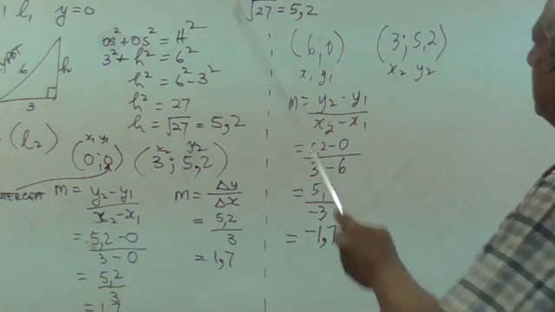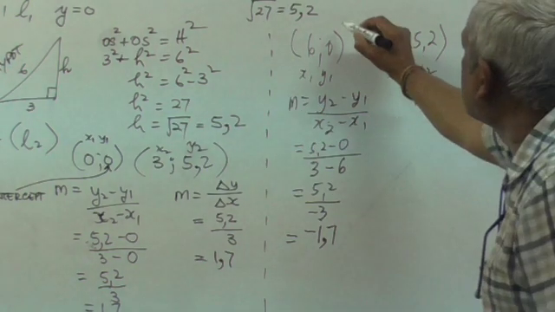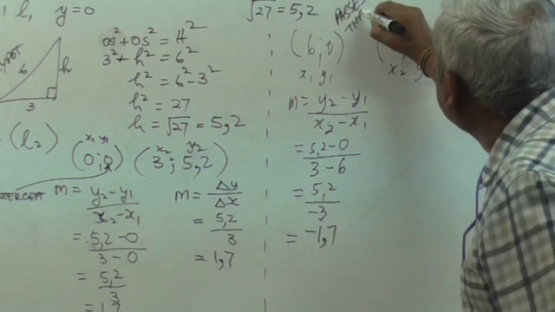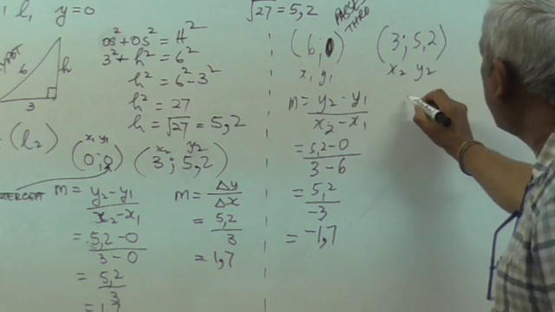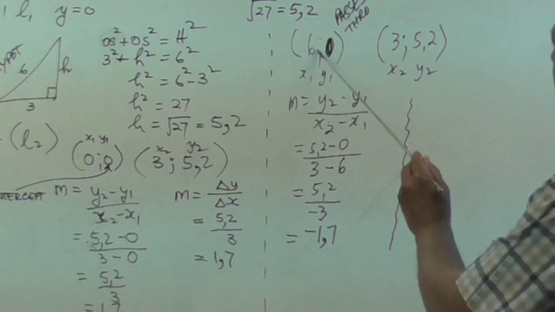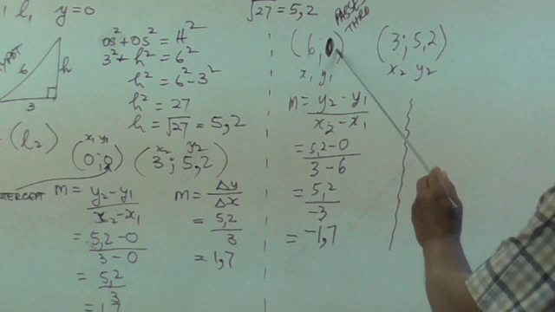Now, this line passes through (6, 0). So I want to calculate the c, because this is not the y-intercept. For a y-intercept, this must be 0 and that must be a number.